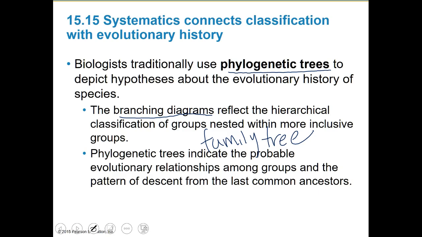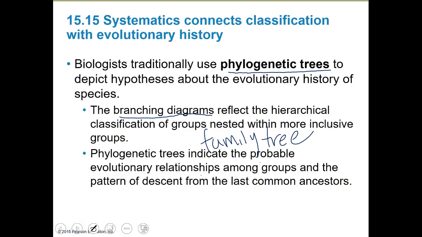It's like their own version of Ancestry.com. They're figuring out where the little leaves are and where their ancestors go. So that's basically what it is. Phylogenetic trees indicate the probable evolutionary relationships among groups and the pattern of descent from the last common ancestors.